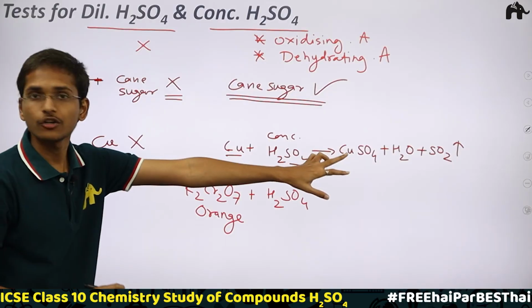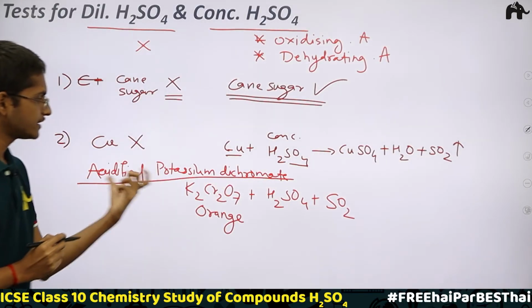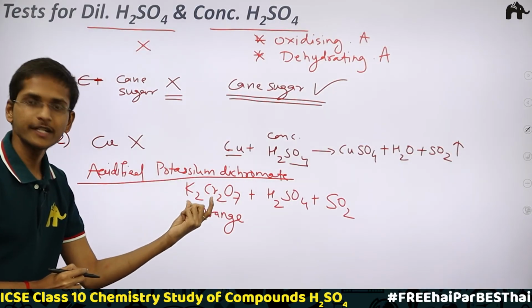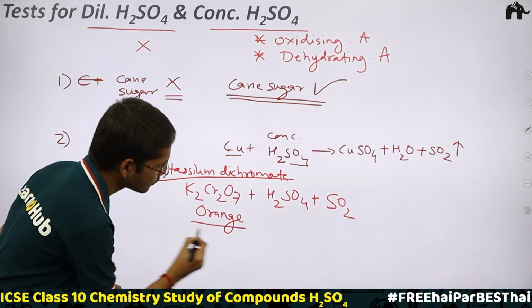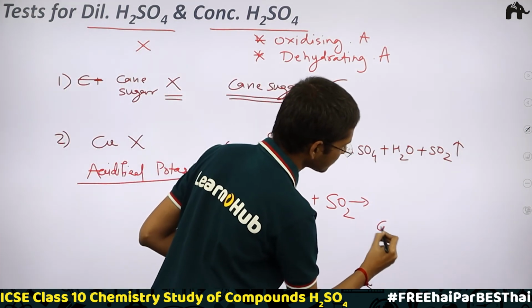I have written sulfuric acid here for the acidification. So this sulfur dioxide turns this acidified potassium dichromate, which is orange in color, into a green colored substance.